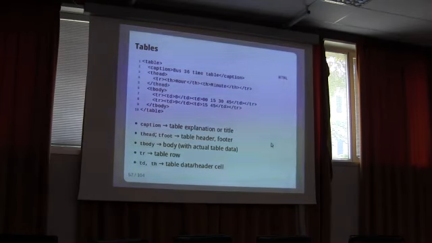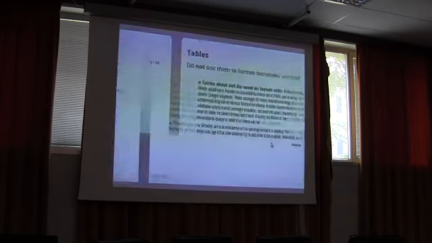You can also provide heading and footer for a table by means of the elements thead and tfoot, and you can also provide a caption, which is a short textual description of the table data.